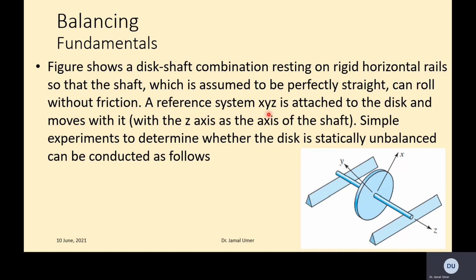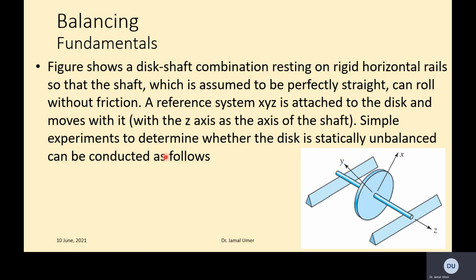A reference system XYZ is attached to the disc and moves with it. So you can mark the XYZ axes, where Z is in the direction of the axis of the shaft, and X and Y are mutually perpendicular. Now when you roll the disc, this XY plane will also roll with it.